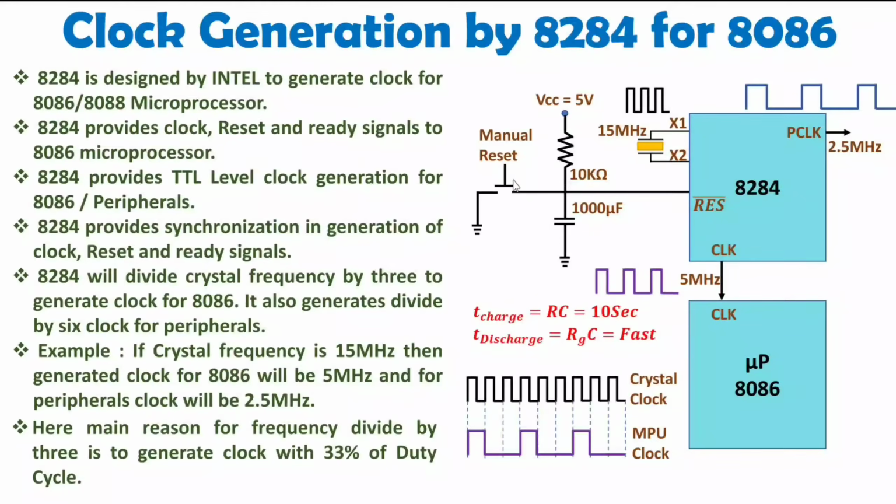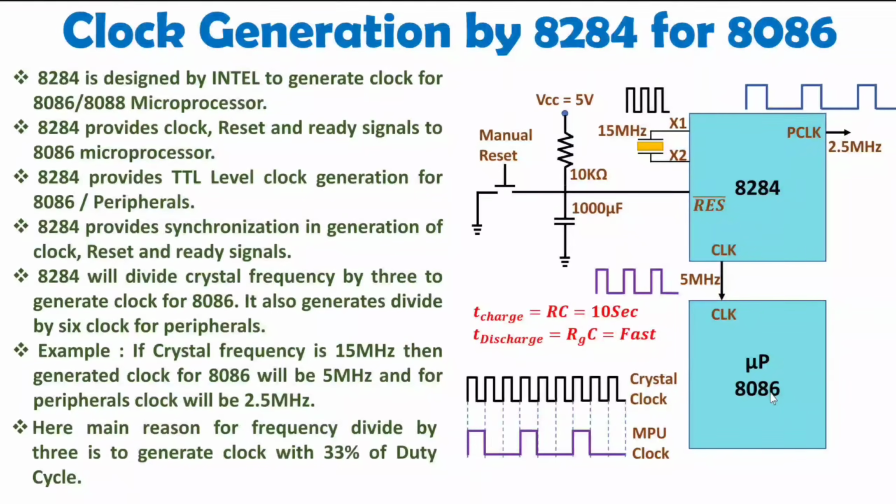Now why should we have this signal from this circuit? The reason is this 8284 will generate the reset signal for 8086, and you should know reset with 8086 should be given with a minimum time period of 4 clock cycles, right? You should have greater than that, right? So if you have more than that time period for the reset signal, then only can you say the microprocessor will get reset.